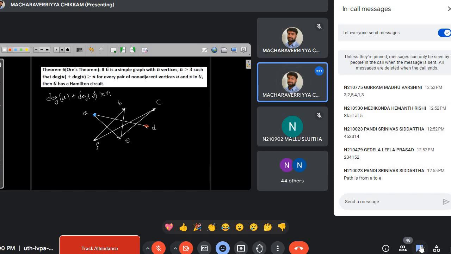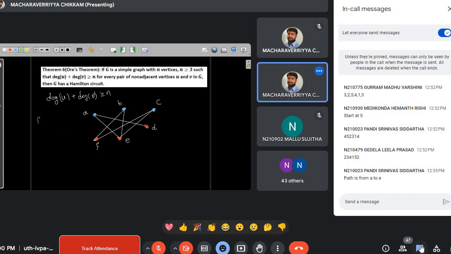Yes, this is a bipartite graph, but it is not a complete bipartite graph because from C to D we do not have an edge.